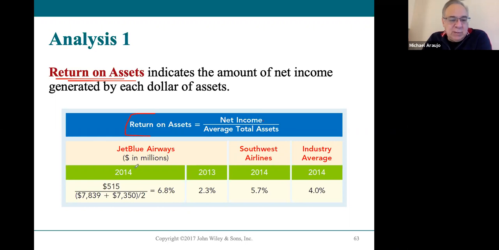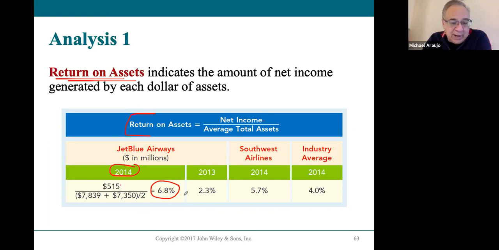So here you've got JetBlue, 2014 numbers. This is their profit. This is their average assets. You add those two together and divide by 2. And it's 6.8%, which is very, very good, which means that for every dollar of total assets, they're generating almost a 7-cent profit.